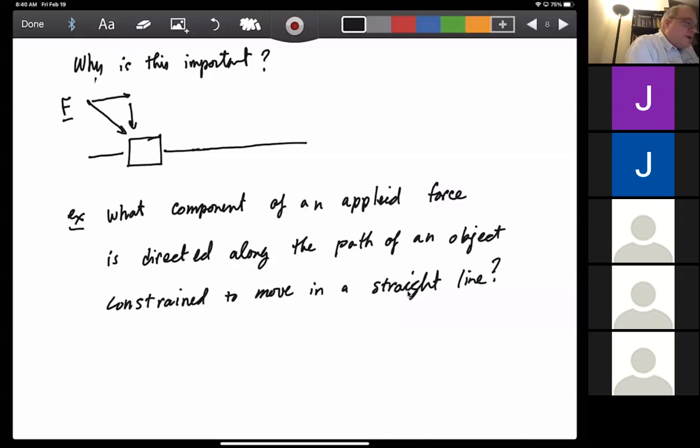So you can say what component of an applied force is directed along the path of an object that's constrained to move along a straight line.